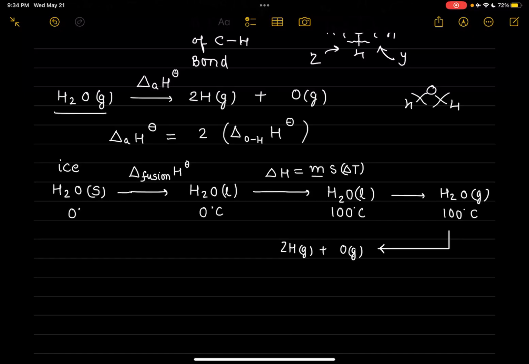Then this liquid water is converted into steam. This is boiling. Is it clear? So this is actually the enthalpy of vaporization. Is it clear?